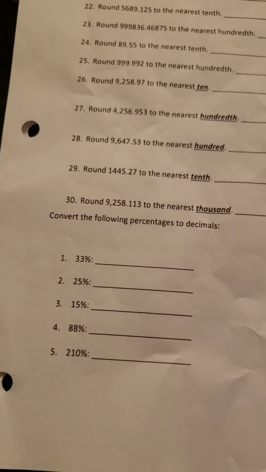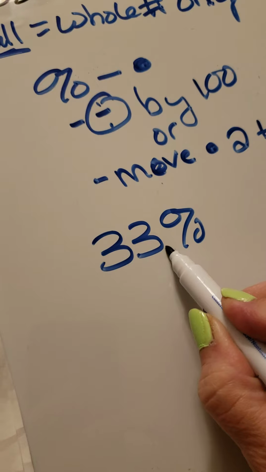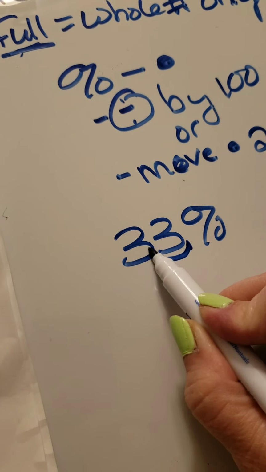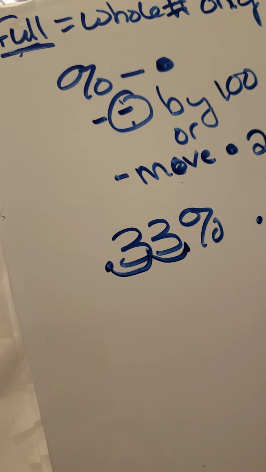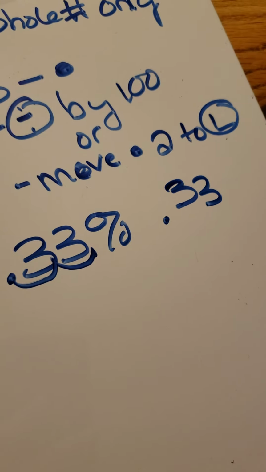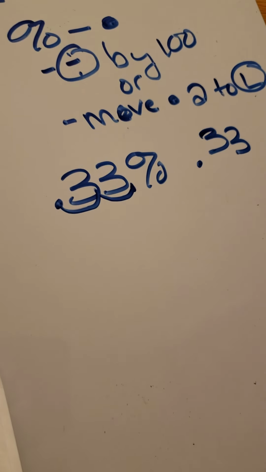So if I have 33%, I can divide it by 100. If I don't have a decimal, technically my decimal will be right there. I'm going to move it 2 to the left. Okay, let's do another one.